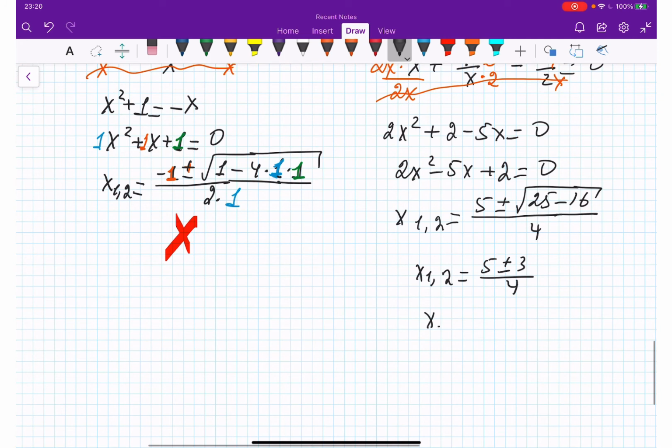And from here, x1 is equal to 1/2 and x2 is equal to 2. For an equation of degree 4, we will end up with only 2 answers because the other 2 are not valid. So the answer here is 1/2 and 2.